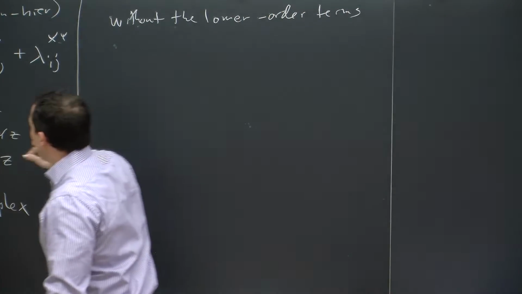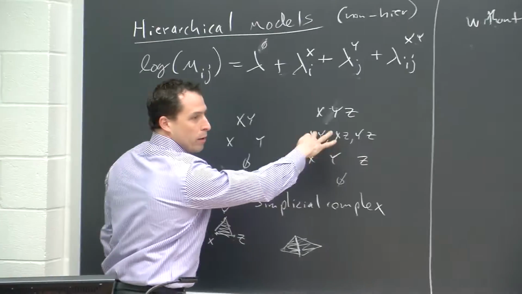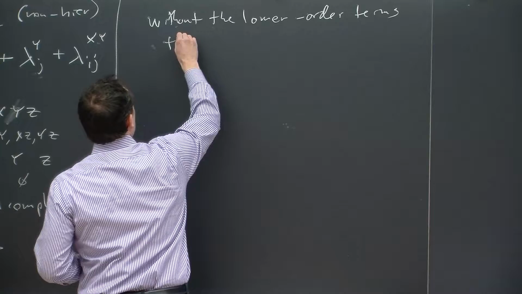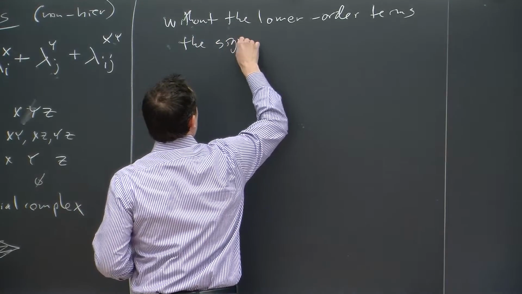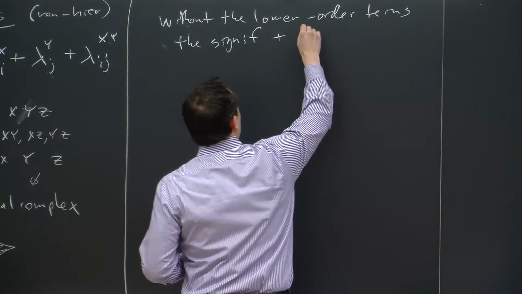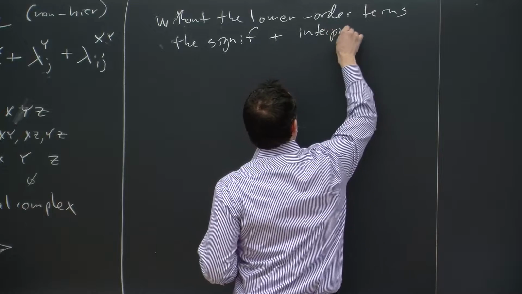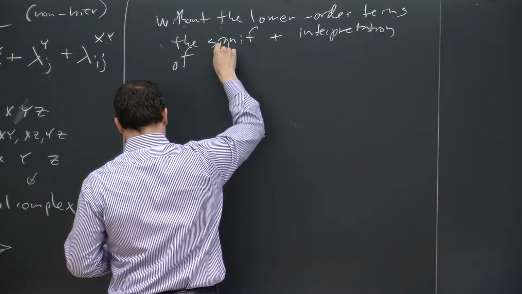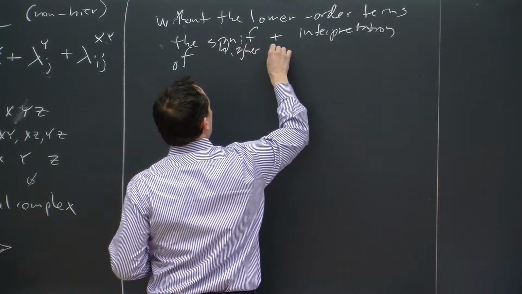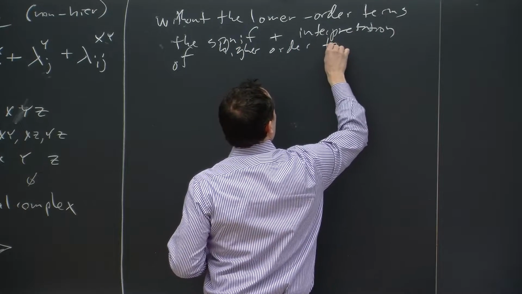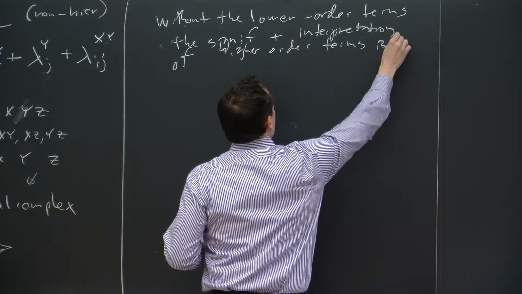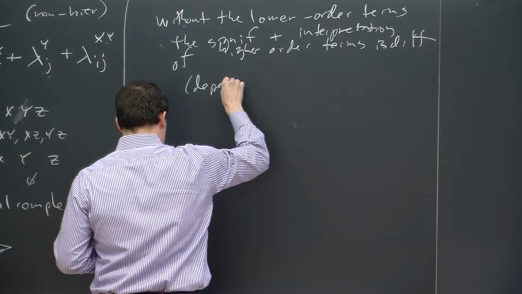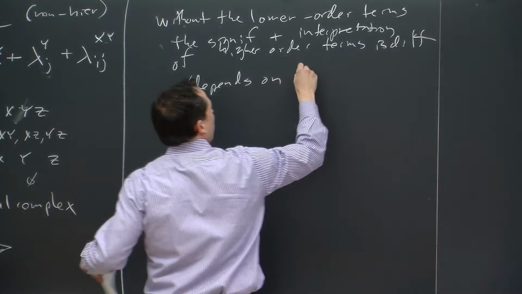Without these contained terms that come from the smaller things, the significance and interpretation of the higher order terms would be different. Another way of saying it is that it depends on how it's coded.